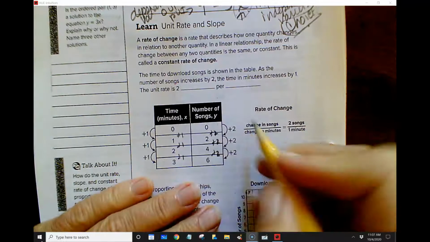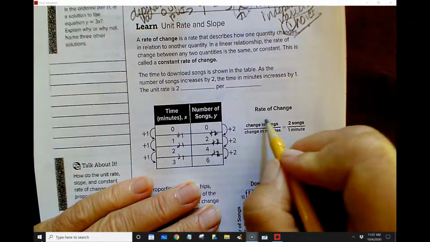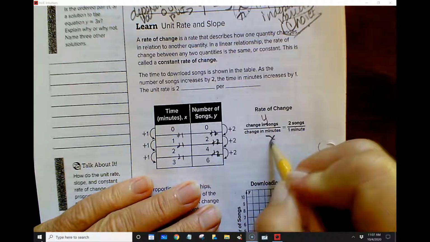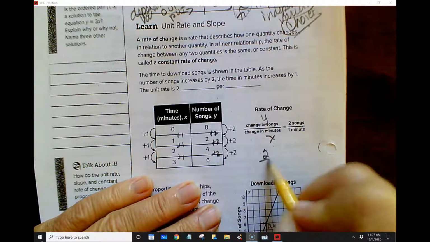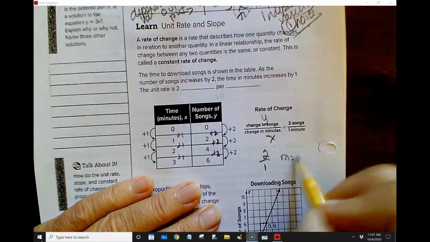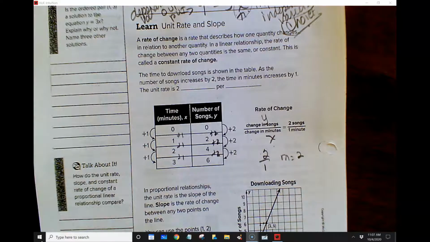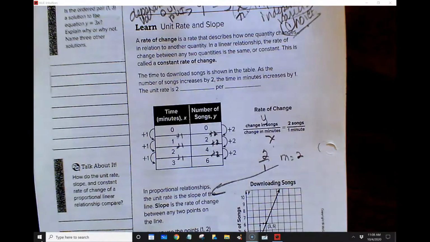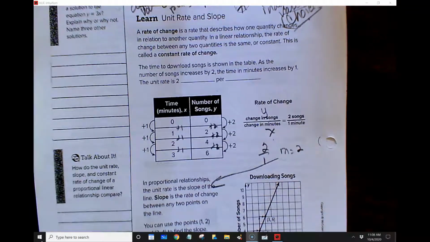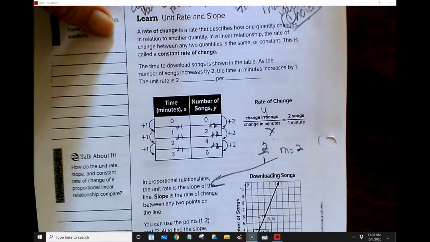So it's always the change in y over the change in x. 2 over 1. So our rate of change is 2 to 1, or we'll call it m equals 2. That is our slope. So when we have proportional relationships, we're dealing with slope.